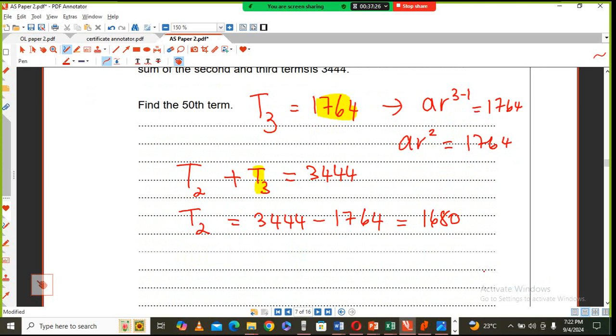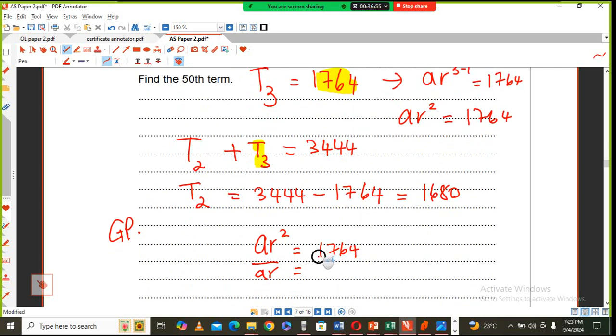Now that we have that information, what can we do? Since we know we are dealing with a GP, you can say AR squared over AR is equal to 1,764 divided by 1,680. What is the AR?